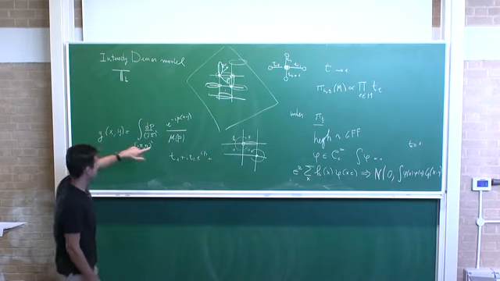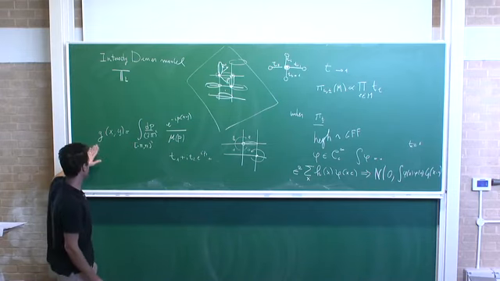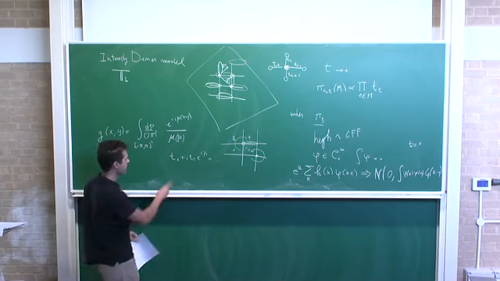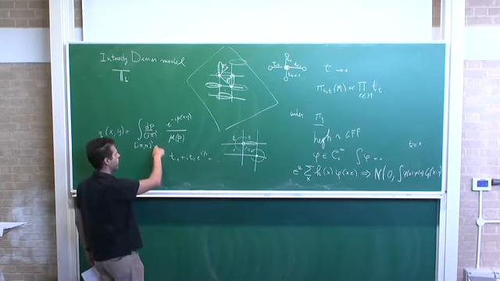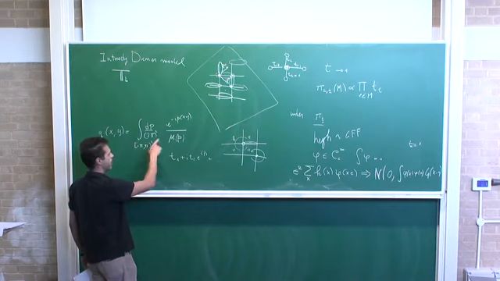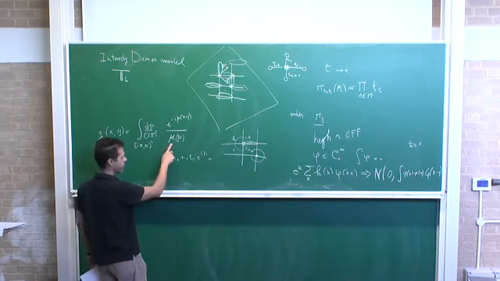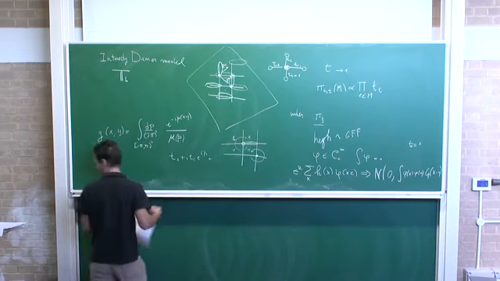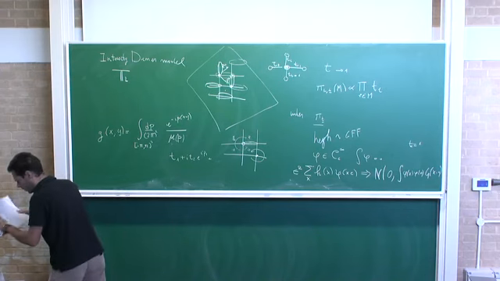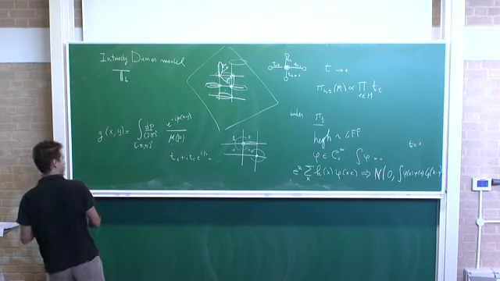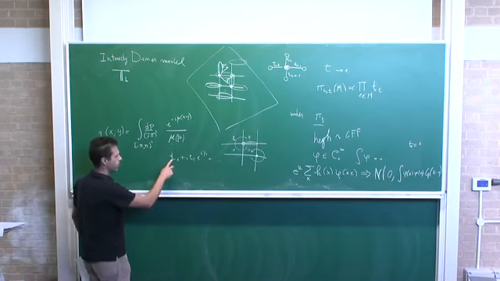Then there is a certain object which will play the role of a propagator for fermions, which is the Fourier coefficients of a function on the two-dimensional torus, where this mu of p is something explicit. I can write it down, but it's a polynomial in e to the ip1, e to the ip2, involving the weights.